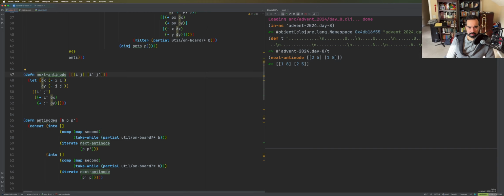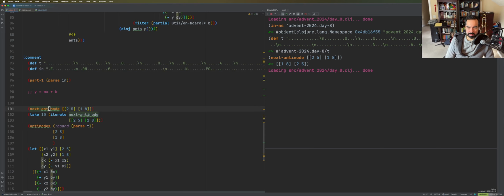Okay, that did not work. Right? That's not the next antinode. We want 1.8 and then something that's not 1.8. I don't know. Yeah, like that.